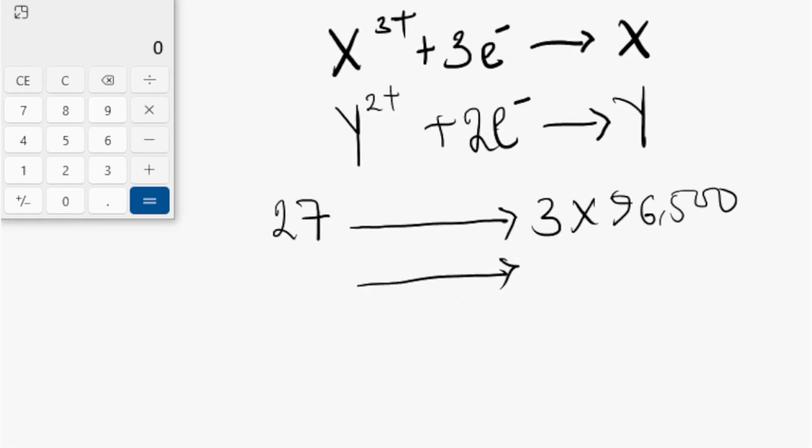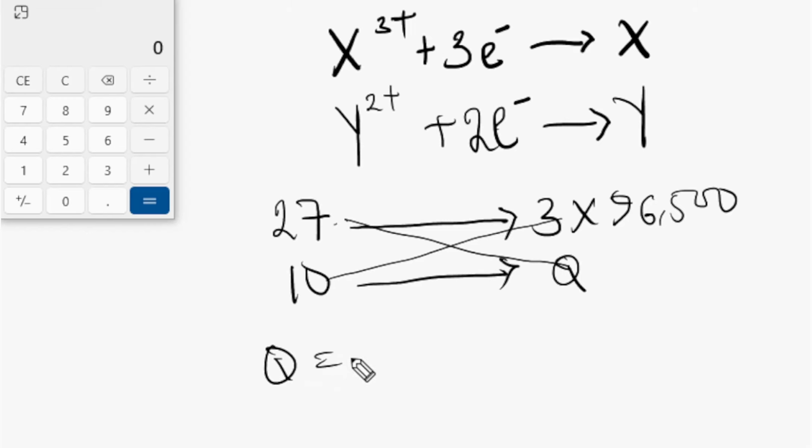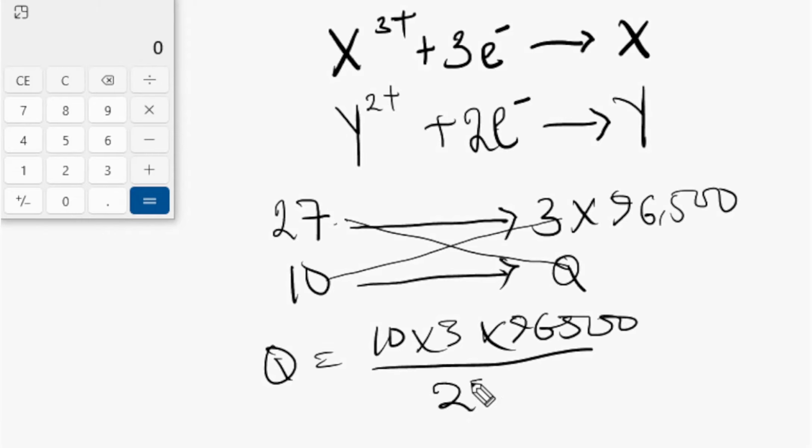So if this is the case, then 10 grams of this X, what will be the charge that will be required to discharge 10 grams of X? So we don't know. Let's call this Q here. So we're going to cross this out, and then we are going to have Q to be 10 times 3 times 96,500 over 27.